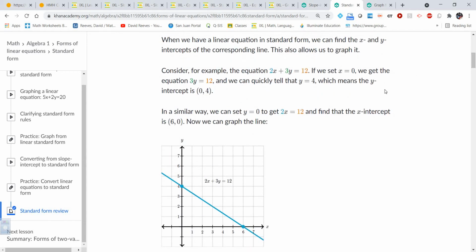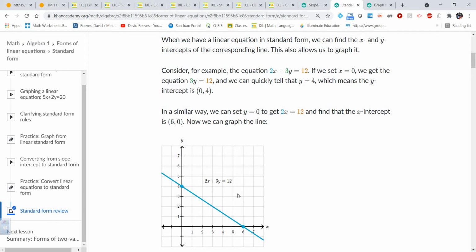We've talked about the y-intercept before. Remember, the y-intercept is where the line crosses the y-axis, and for every y-intercept, x is 0. So we put in 0 for x, and when we do that, this part goes away. We get 3y is equal to 12, so y is equal to 4, and that gives us the y-intercept.